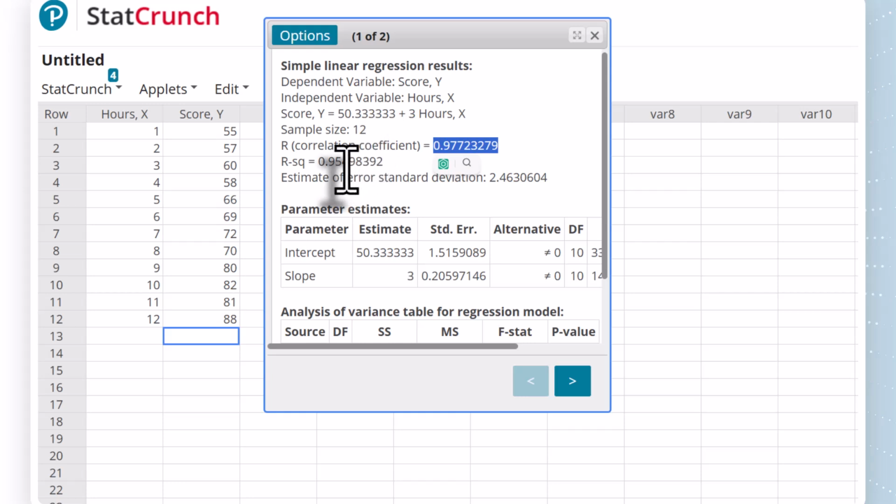Here is how you interpret r squared, and this is called the coefficient of determination. You will say 95.5% of the variation in the test scores can be explained by the variation in the number of hours studied using the regression line.